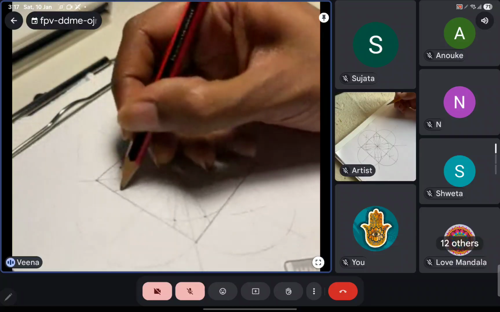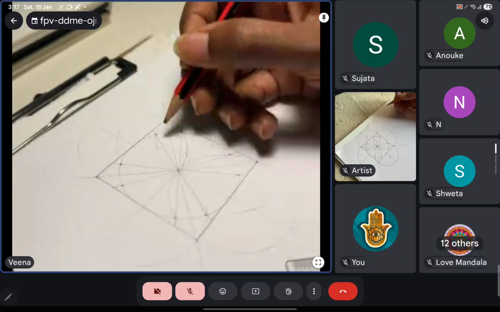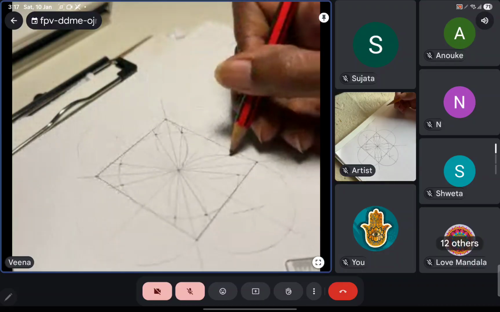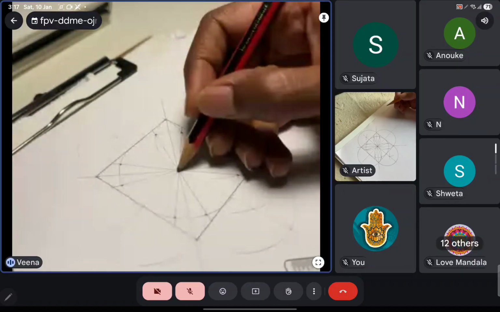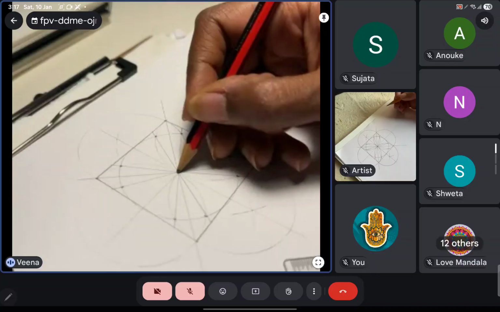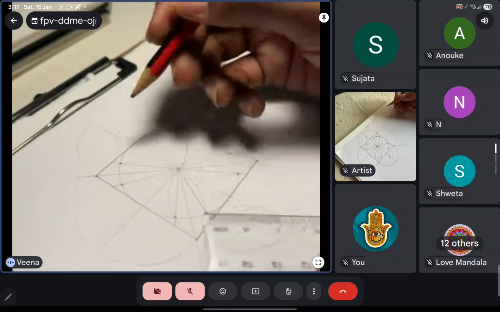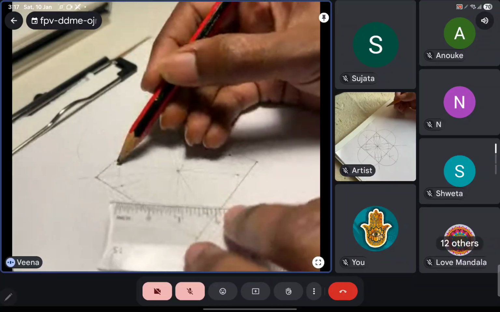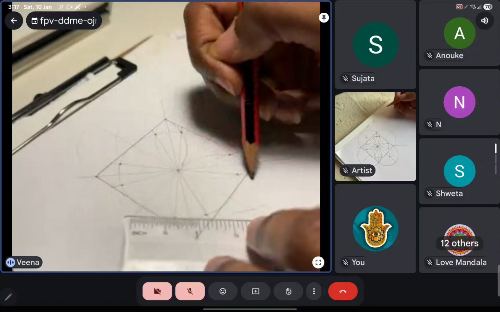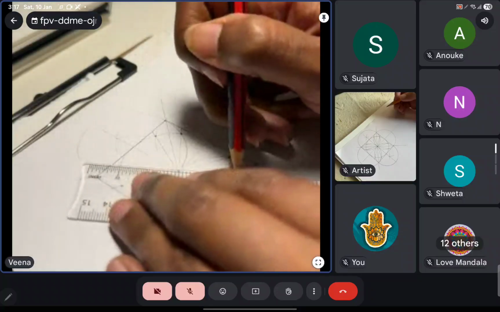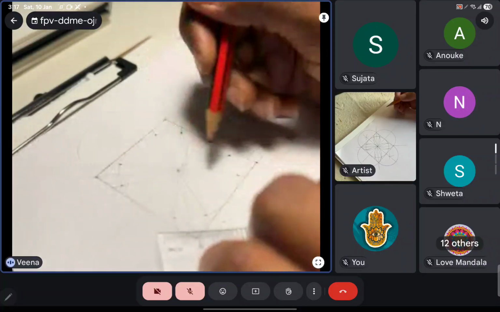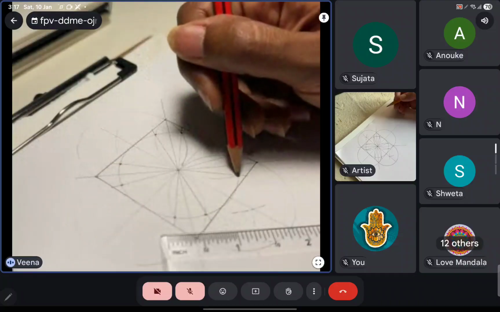So mark those points, and then make sure your center point is always intact, and then join them diagonally like in a cross manner, like this. So this one will come on the opposite side, it will come here.